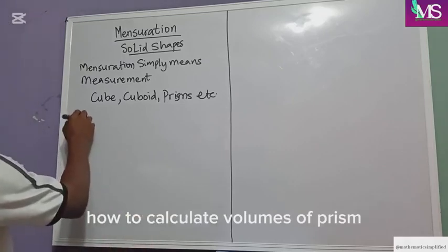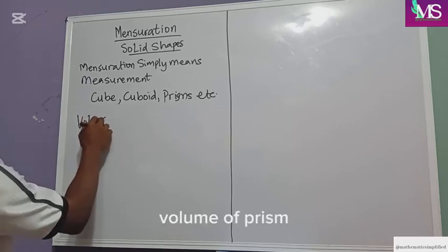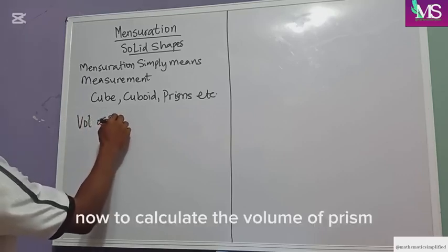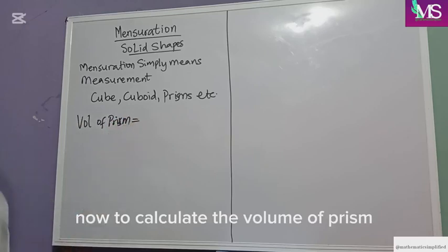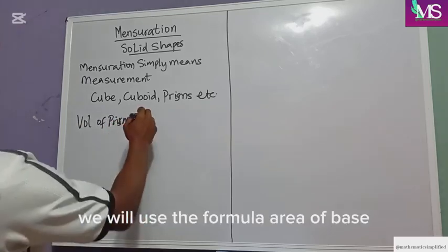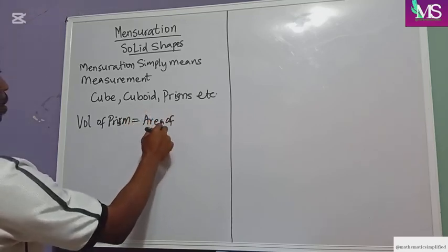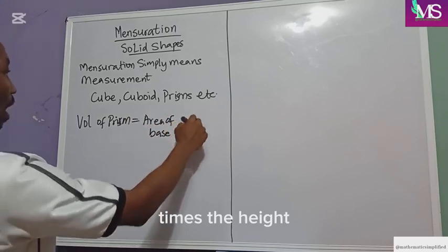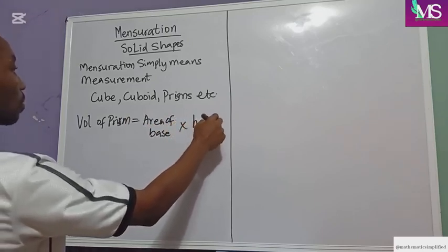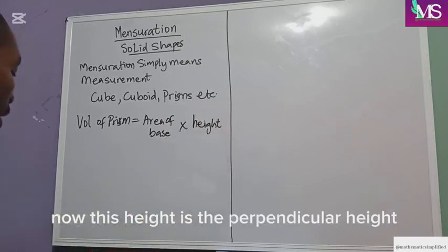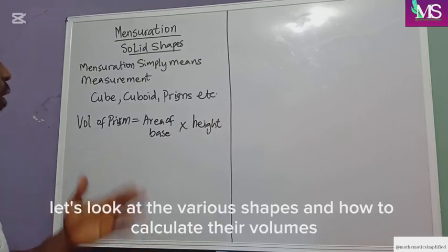To calculate the volume of a prism, we will use the formula area of base times the height. Now, this height is the perpendicular height. Okay, now let's look at the various shapes and how to calculate their volumes.